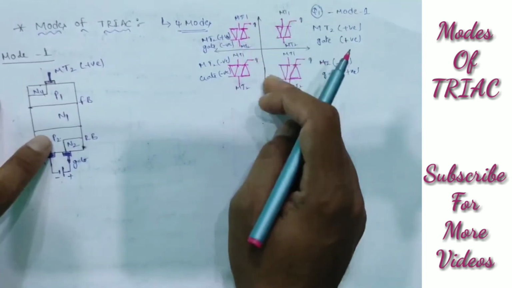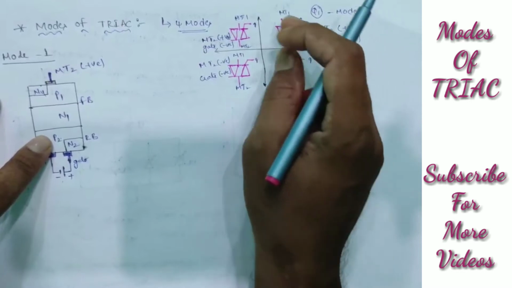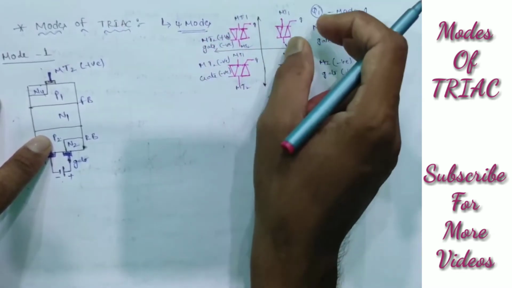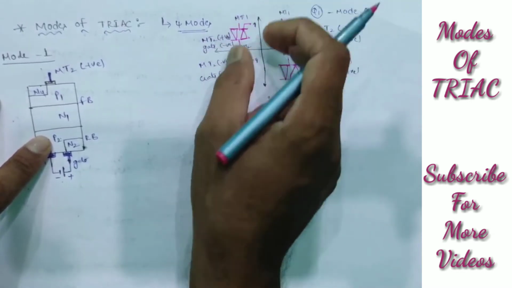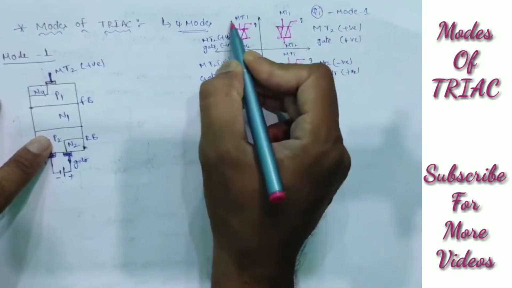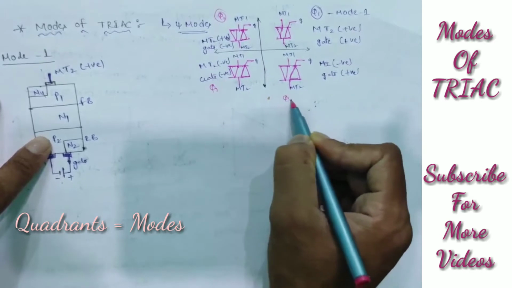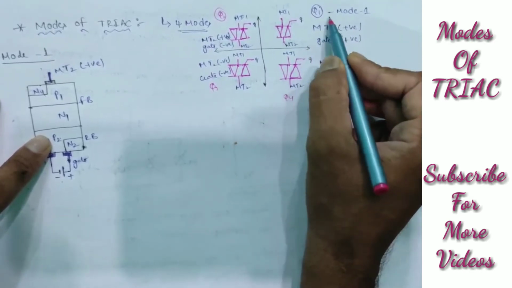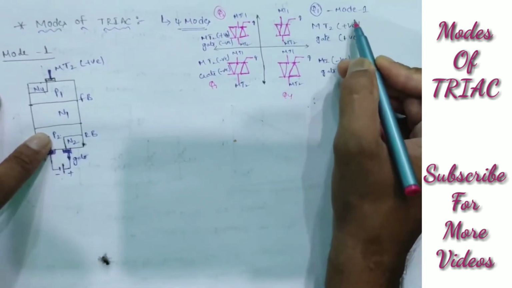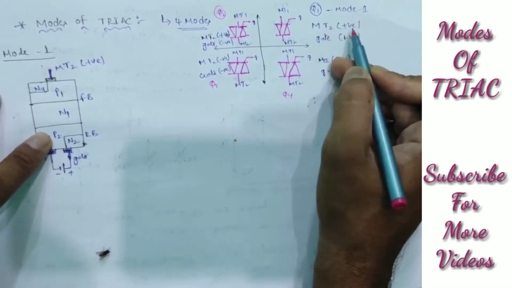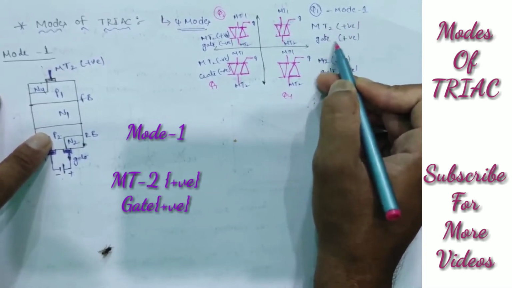Mainly there are four modes. That is, four quadrants. Let us divide into four quadrants: Q1, Q2, Q3, and finally Q4. In the Q1 quadrant, that is mode 1, MT2 is positive, gate is also positive.